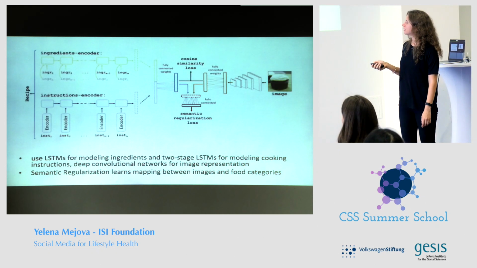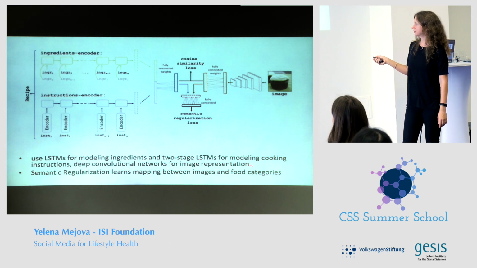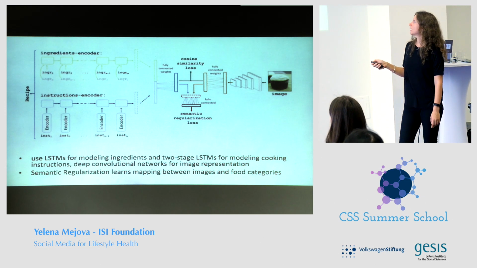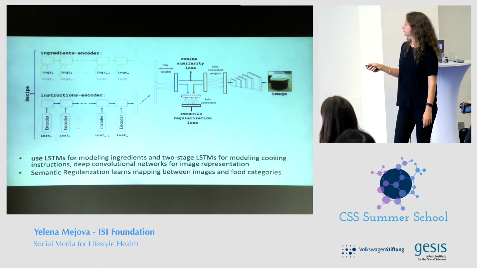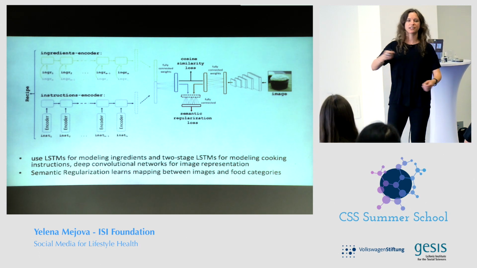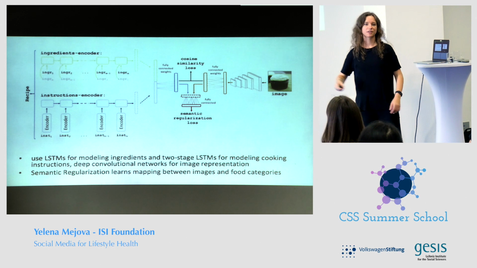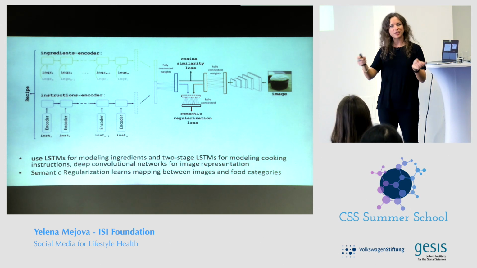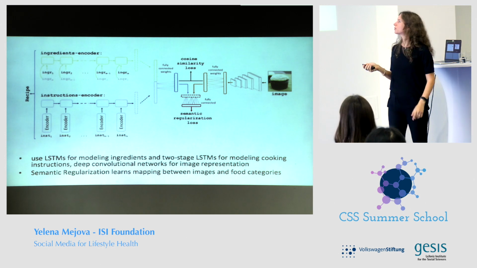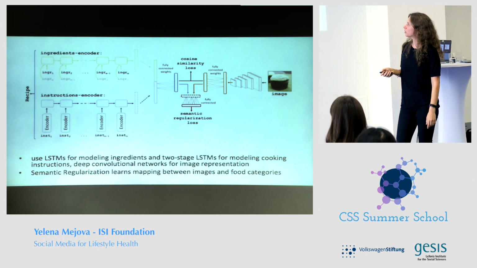They used LSTMs for modeling the ingredients and the cooking instructions. The way I understand it, they needed two stages because the instruction itself may be a set of things to do, and then there are sets of steps. They were really clever in modeling this.